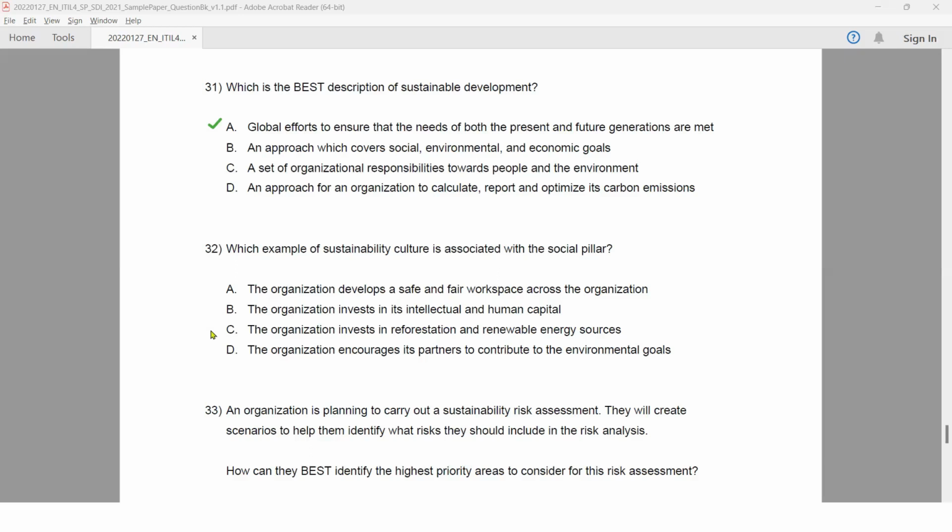Option C, investing in reforestation and renewable energy sources, is also economic pillar. Option D, encouraging partners to contribute to the environmental goals. This is the environmental pillar. There are clues in options B, C, and D. In option B and C, there are clues about investments, economic, that is, and option D is about environment. The word environment is appearing there. So the correct answer would be option A.